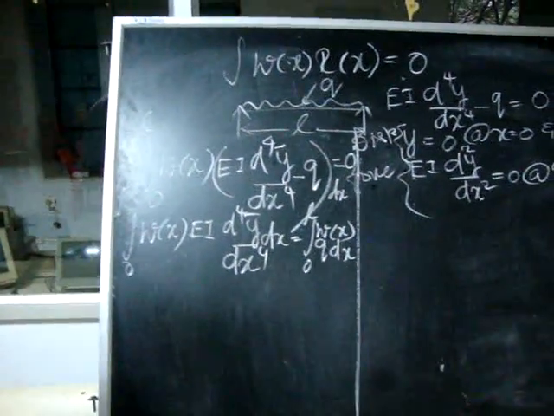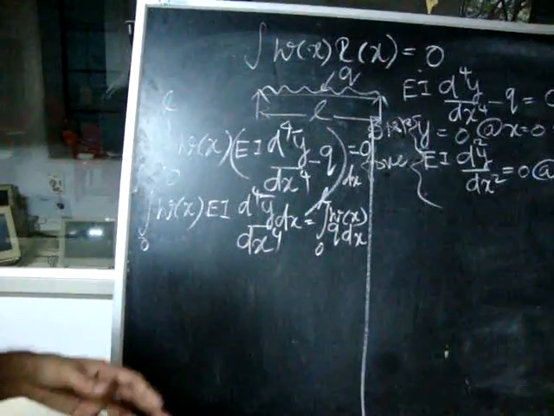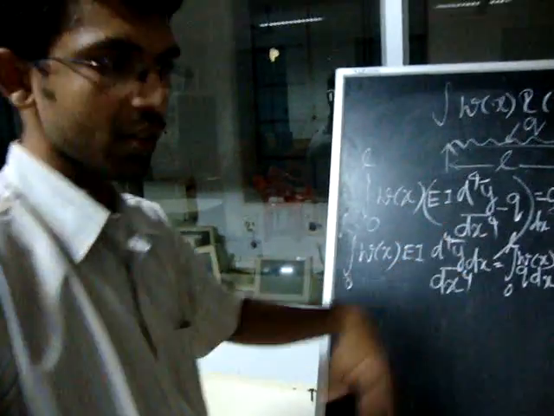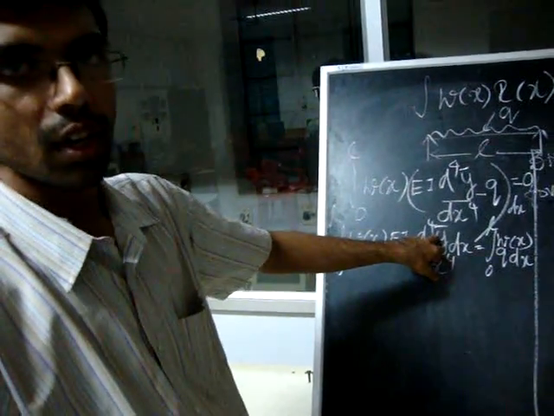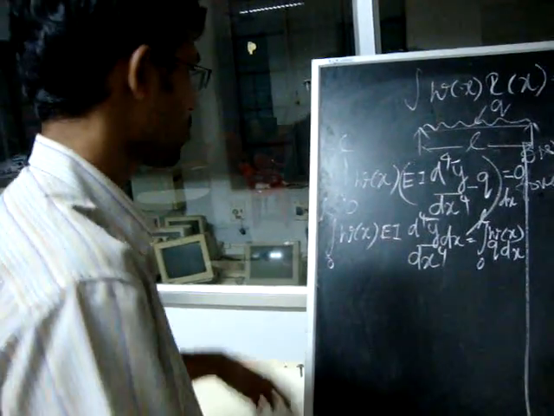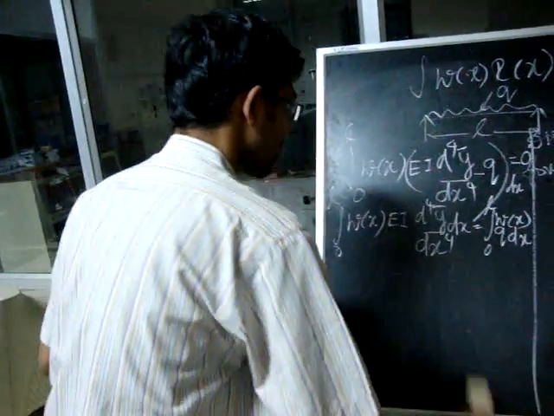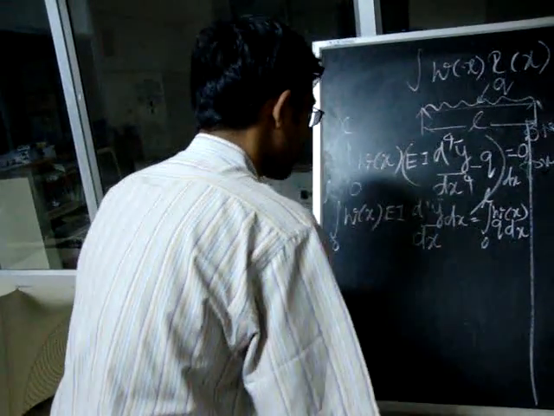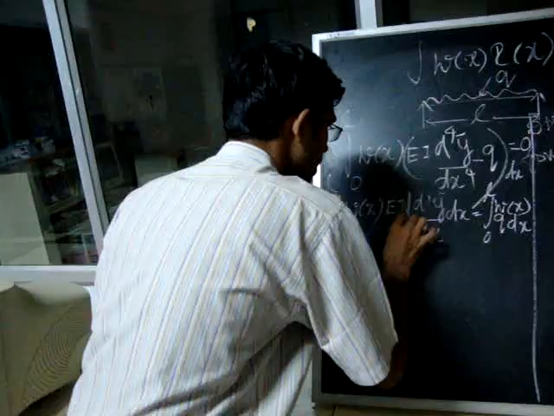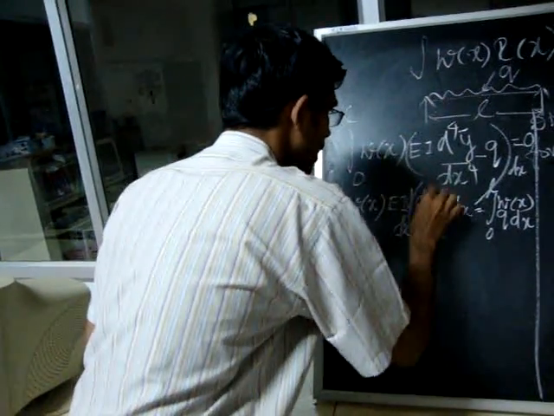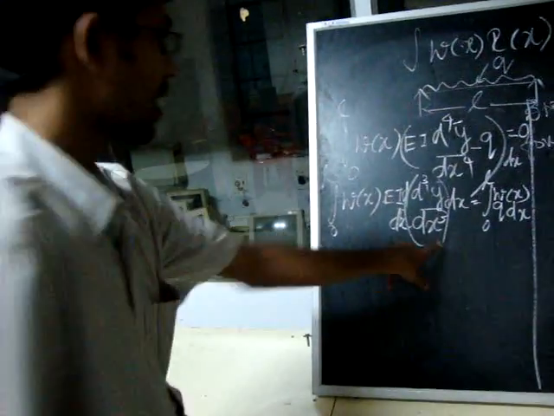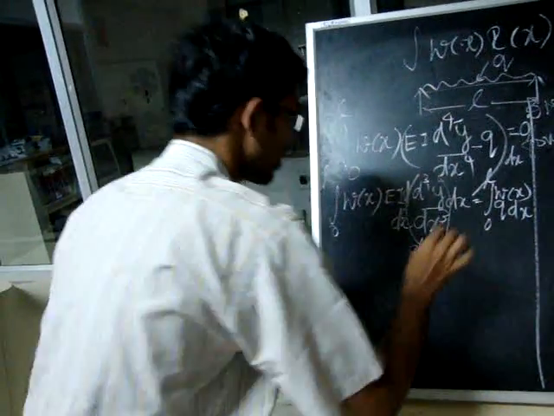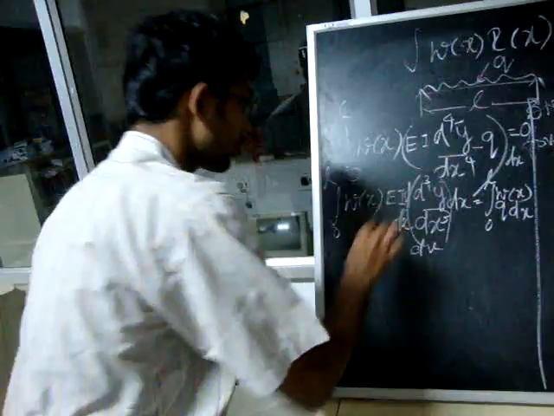Now I am going to perform integration by parts so as to reduce the continuity requirement of this trial solution. To perform integration by parts, let this be rewritten as d by dx of d3y/dx3; this can be taken as dv and W as u.